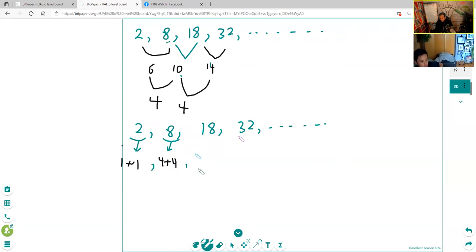Now write the third square number, 9 plus 9.